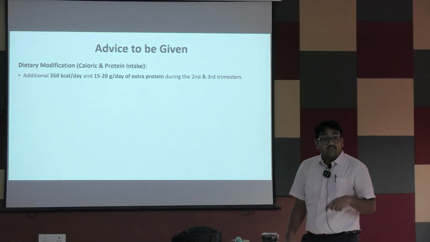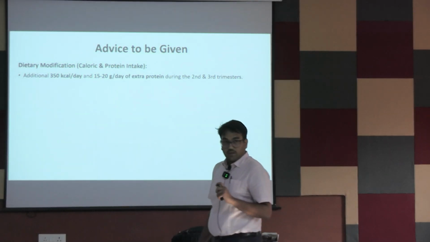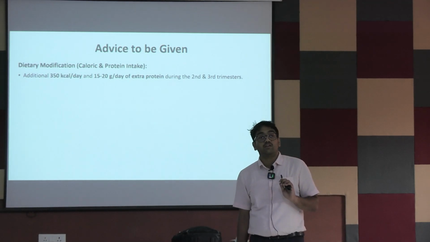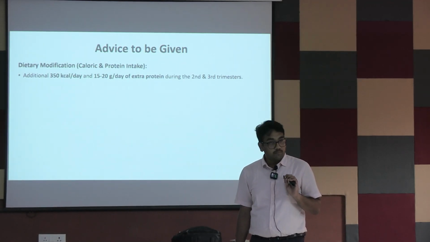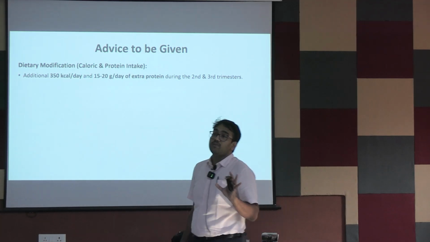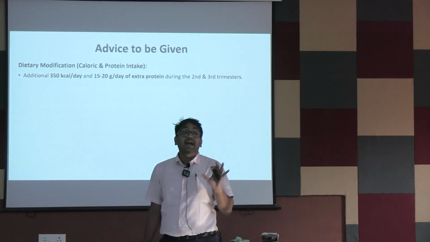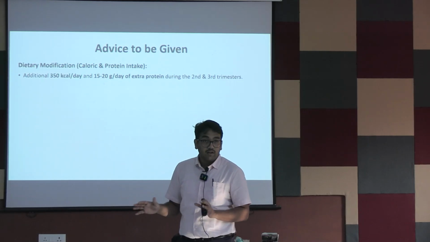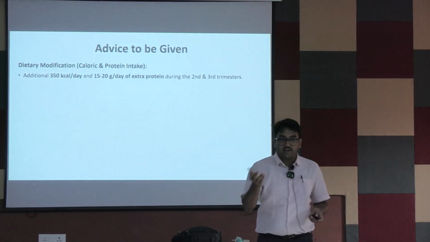So what are the advices that you have to give to this mother? Okay. The first and foremost, we know that during pregnancy there is an additional requirement of calories and protein. So 350 kilocalories and 15 to 20 grams of protein per day additionally over and above the routine needs, right? So that has to be given, but the mother will not understand this, right?